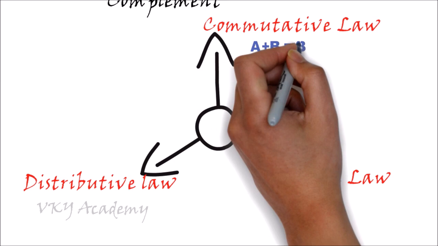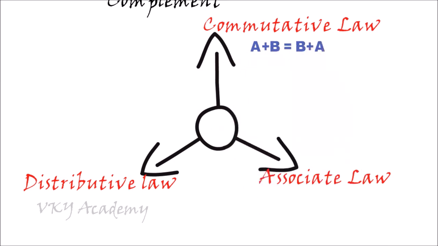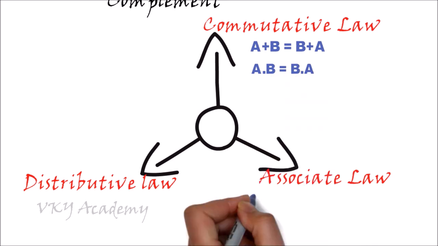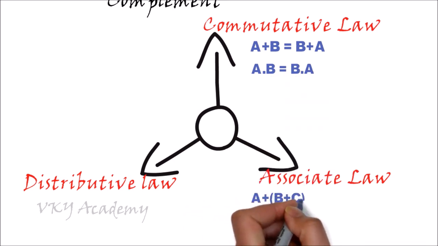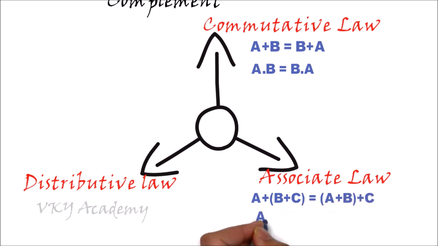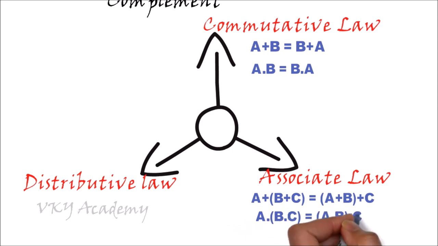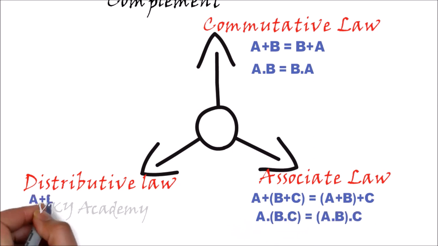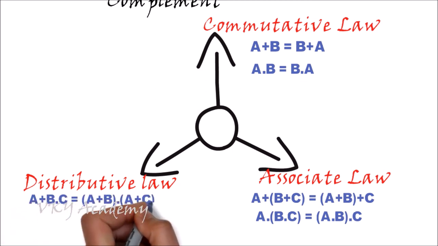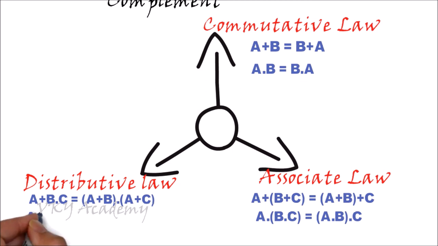Commutative law is A or B is equal to B or A, and A and B is equal to B and A. Associative law is A or B or C is equal to A or B or C, and A and B and C is equal to A and B and C. Distributive law is A or B and C is equal to A or B and A or C, and A and B or C is equal to A and B or A and C.